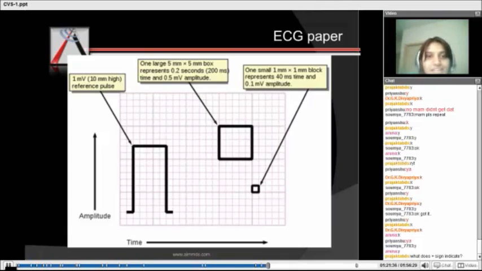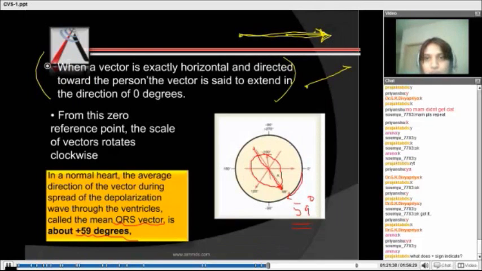Yeah, the plus sign is again in relation to, let me just go back to the diagram, this 0 degree. When we move clockwise from the 0 degree, it is indicated by the plus sign.